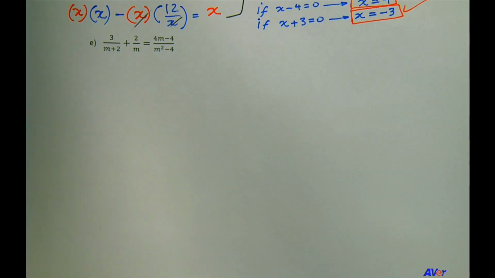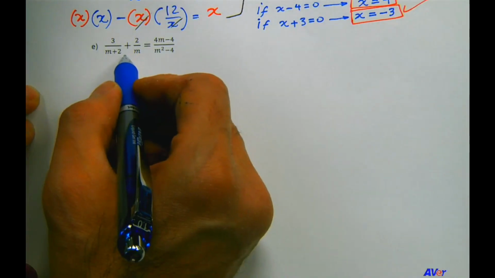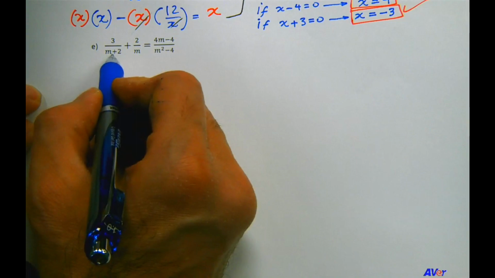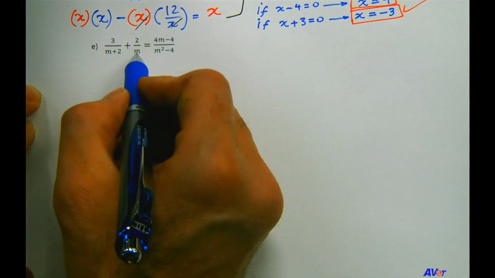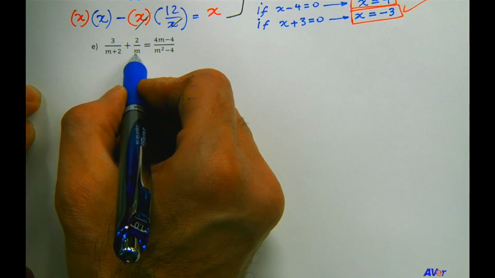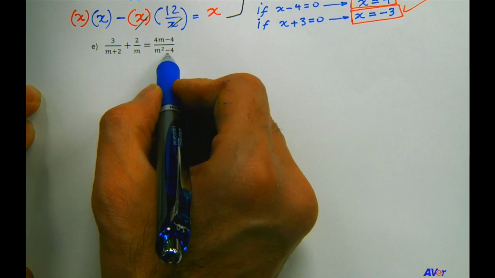Okay, so this expression, we have to know the LCD first, right? Can that denominator be factored any more than what it is? No. Can m be factored any more than it is? No. Can m squared minus 4 be factored more than it already is?